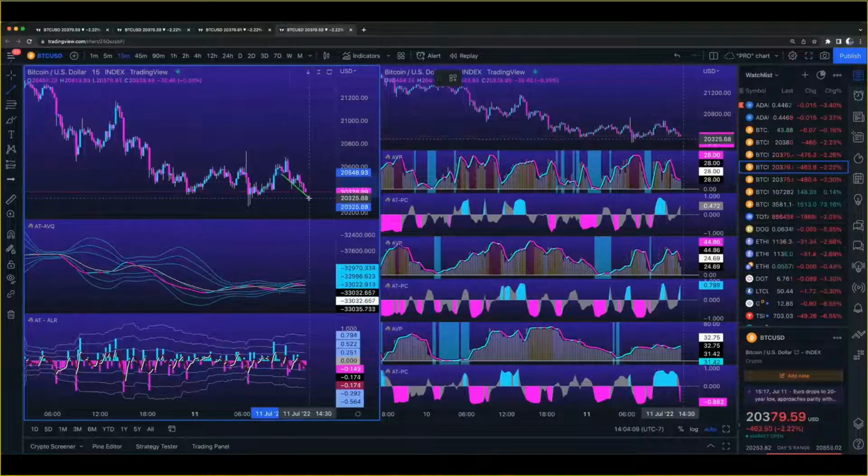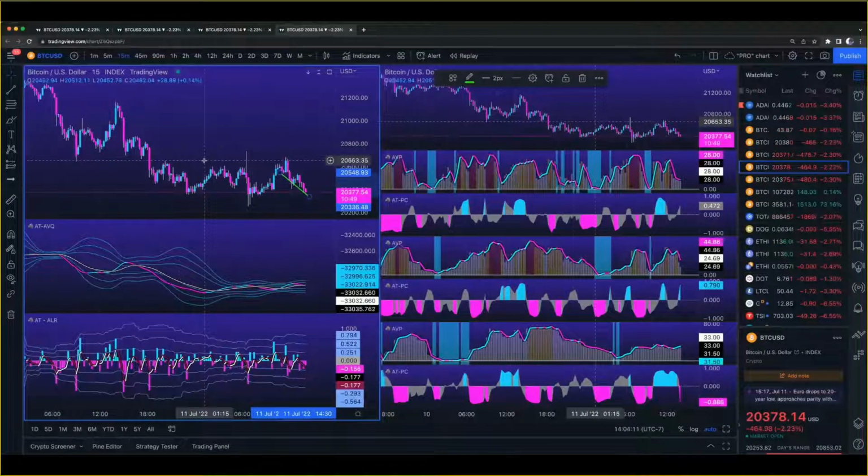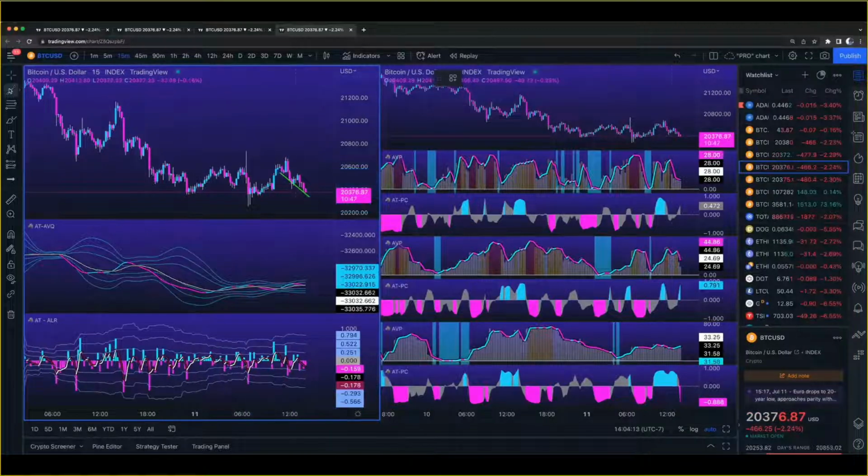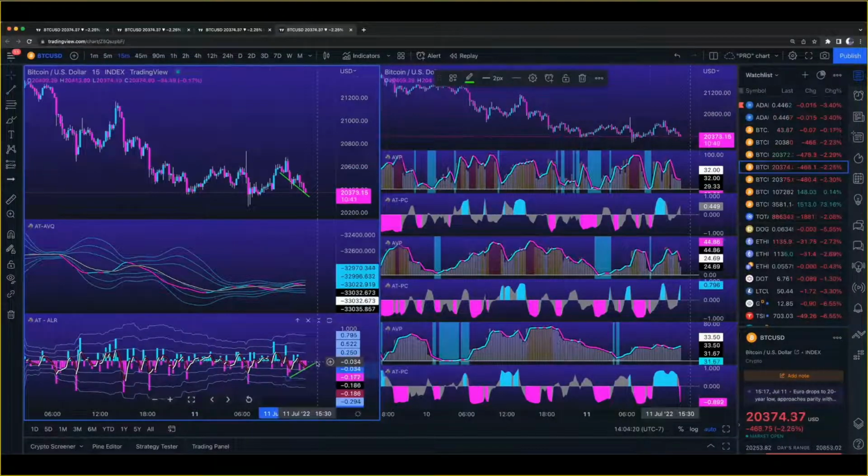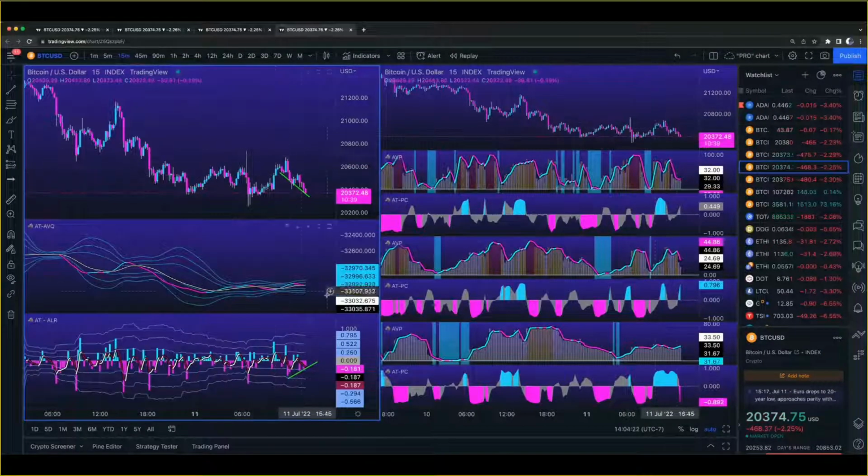So the whole time right here, we've got all these lower lows on this price action on the 15-minute. Well, on the ATR, they're all higher lows. So that's divergence beginning to build. And what is a long-term time series?